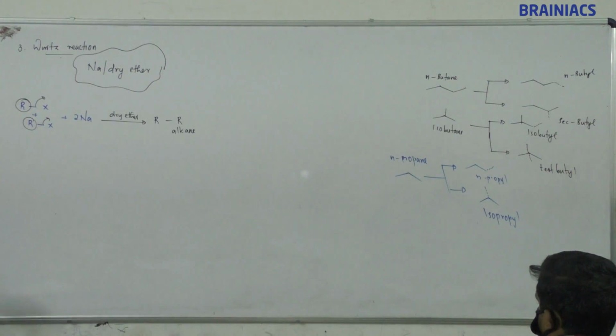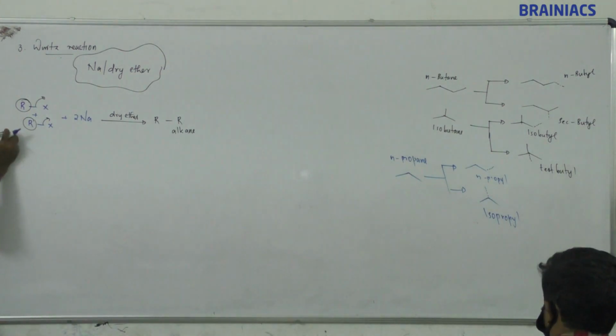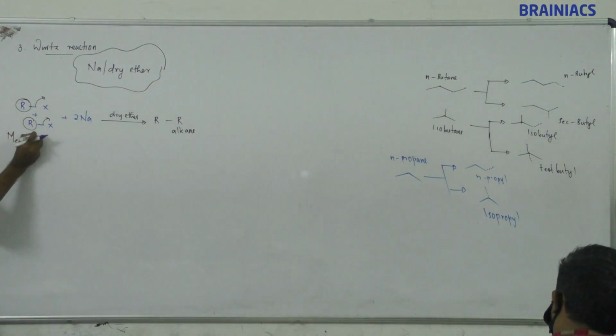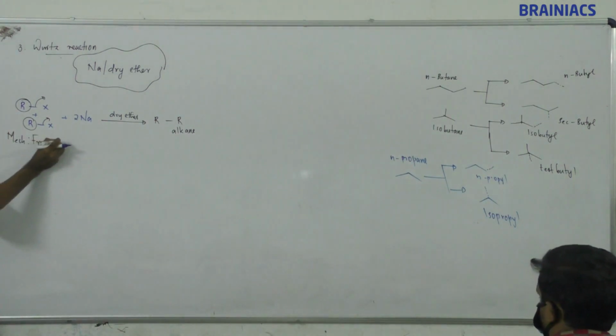RR. You simply remove the halogens and couple the alkyl groups and you obtain an RR type alkane.